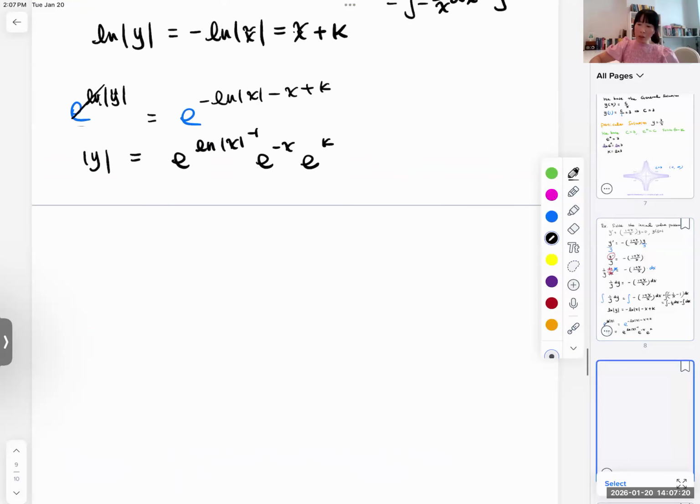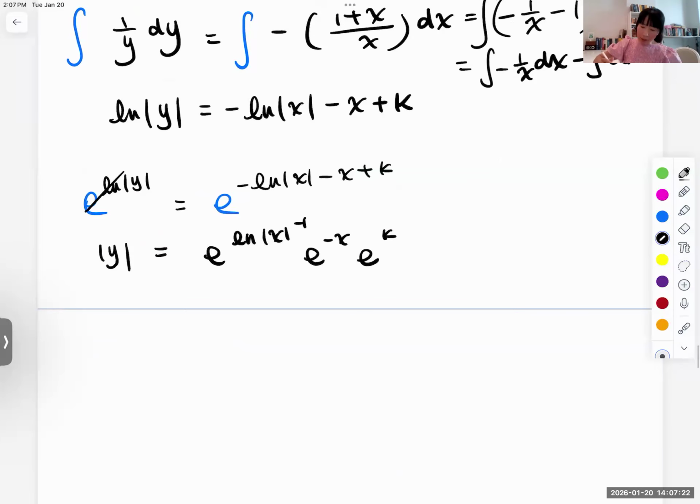All right, then the absolute value of y equals 1 over x with the absolute value, right? And then also e to the negative x, which is e to the x power in the denominator, right?